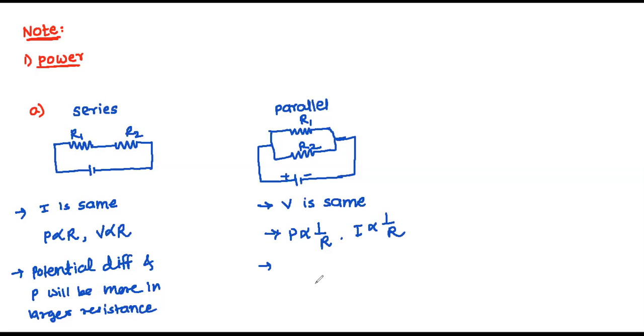So here what happens? More will be the power in small resistance. Small resistance, more power. Okay. In series, if resistance is more, power will be more. But in parallel combination, the one which is small will have more power. Keep it in mind.